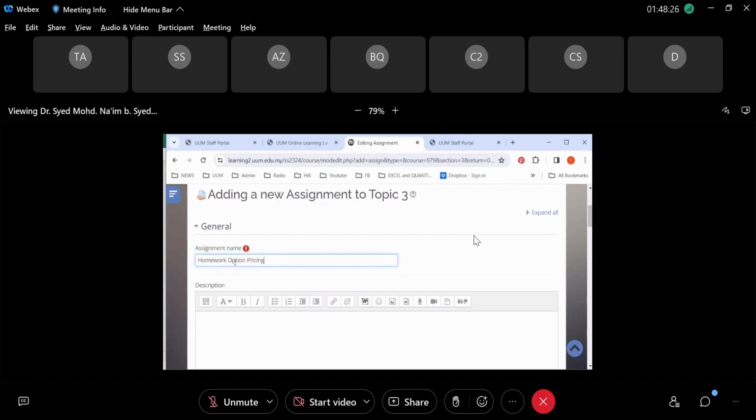Show all the 3 models. The question is, show the computation for the 3 options.